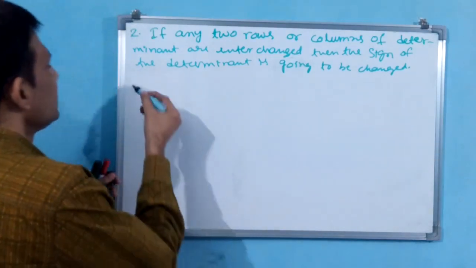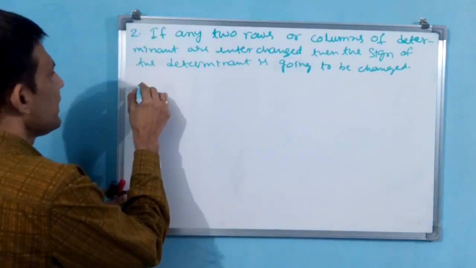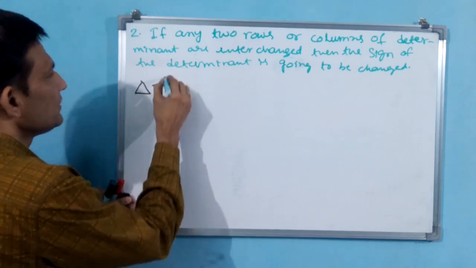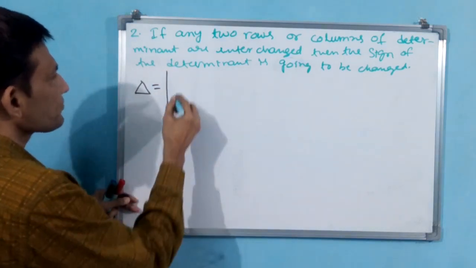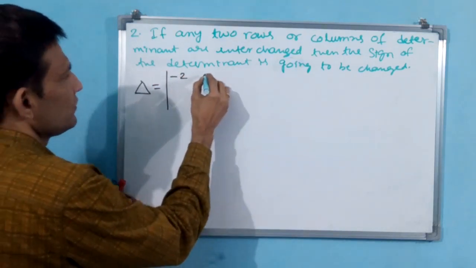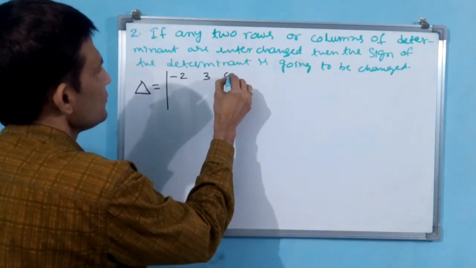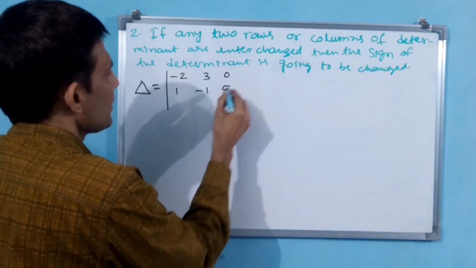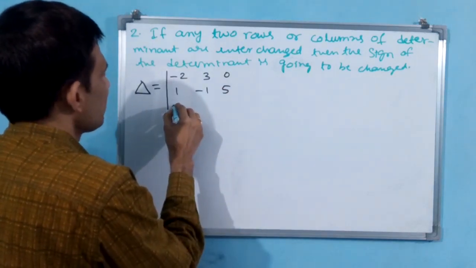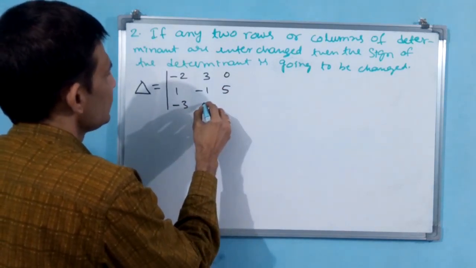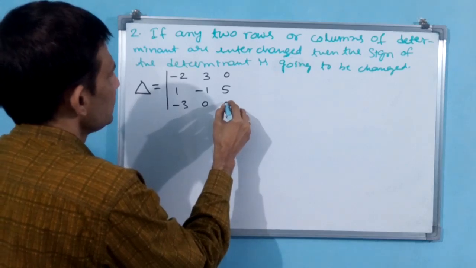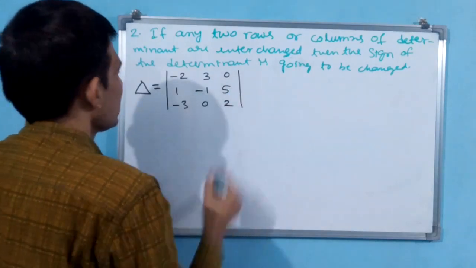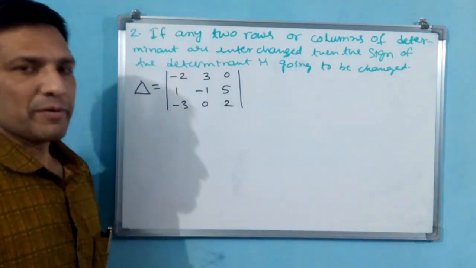Let me take delta equal to the determinant with rows -2, 3, 0; 1, -1, 5; -3, 0, 2. This is a determinant.